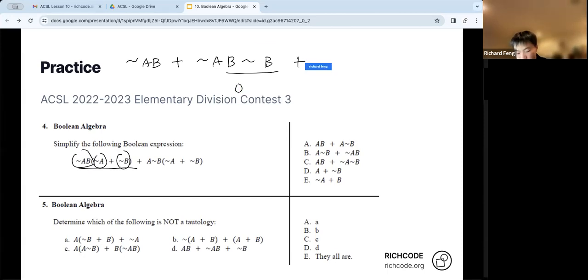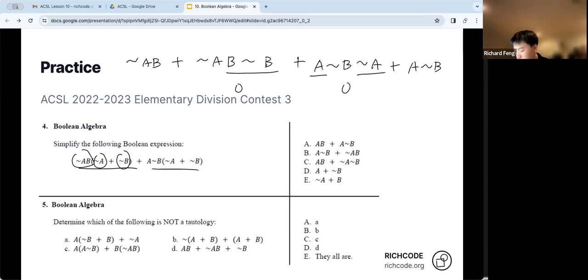And then now let's distribute the next expression. So we have A not B, not A. Same thing: A and not A is 0. And then lastly, we have A not B times not B, but not B times not B is just not B, so we can get rid of one of those.